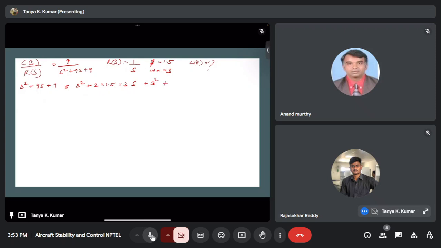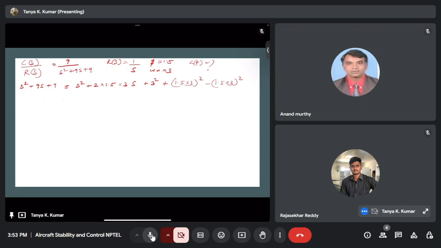Now what do we do to get a neat split? Just add and subtract the term in the middle, to ensure that you get something like a plus b whole square. So you just add and subtract 1.5 into 3 whole square.